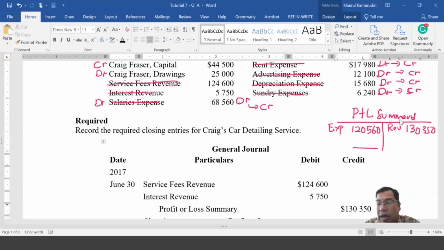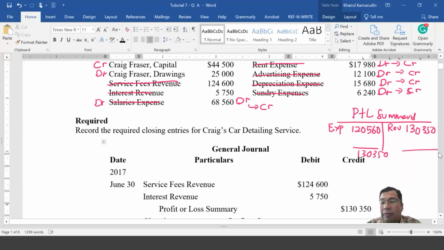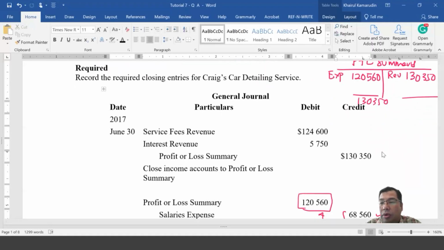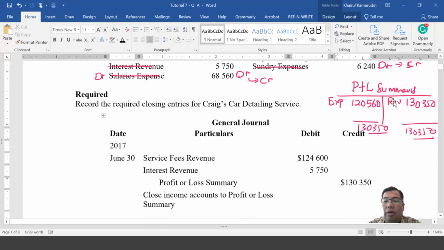So let me calculate. This is 130,350, and this one also should be the same, 130,350. So what is the difference? The difference is your profit. Your profit will be 130,350 minus 120,560.